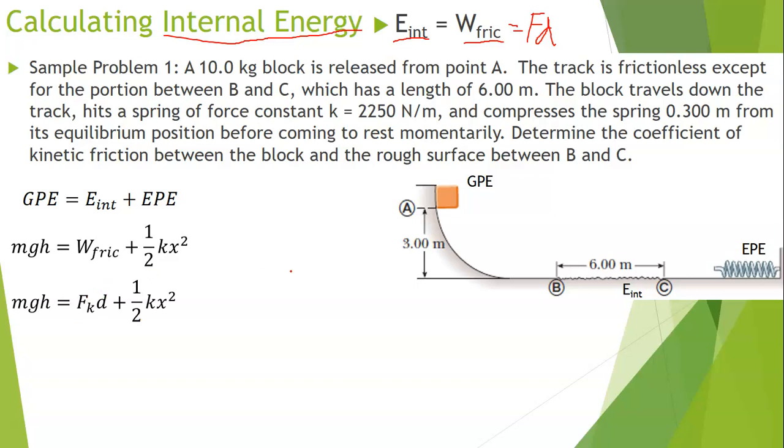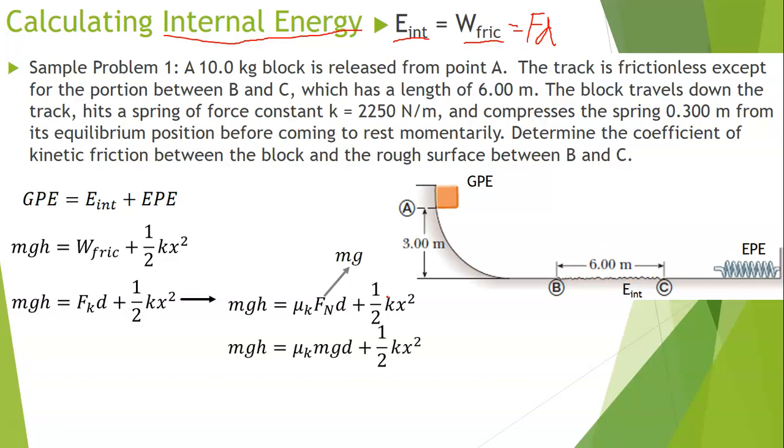The formula for kinetic friction is the coefficient times the normal force, and this surface is flat, so we can assume that the normal force is equal to mg. So this is what our E int equation turned into once we figured out some of the physics and math of it. Now we can plug in our variables.